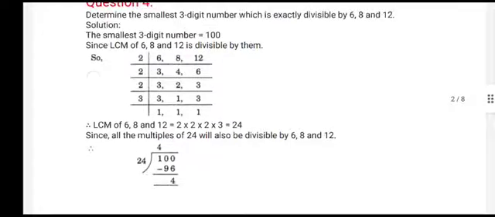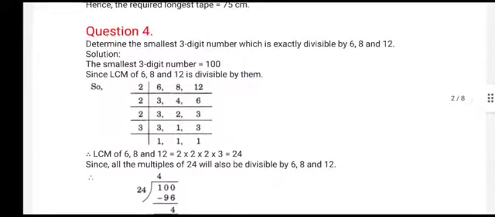But they are asking that the LCM will give you one number, which will start with 24, and the multiples will go on. Now you want a 3-digit number, and the smallest 3-digit number is 100. So we have to find the smallest 3-digit number which is exactly divisible by all these 3.